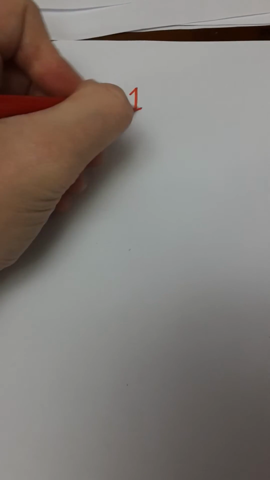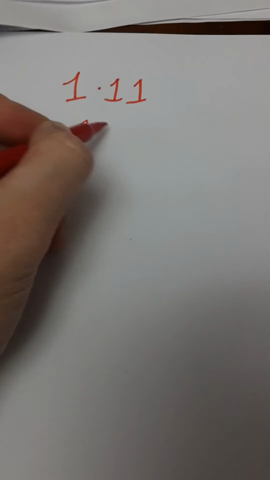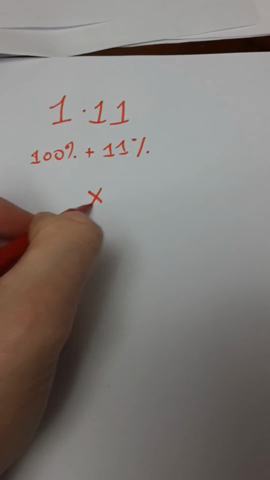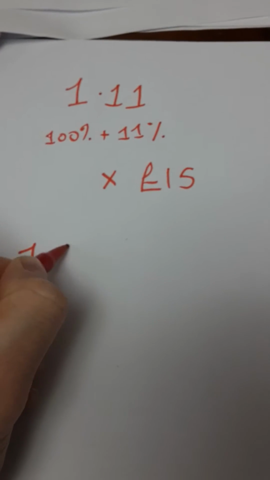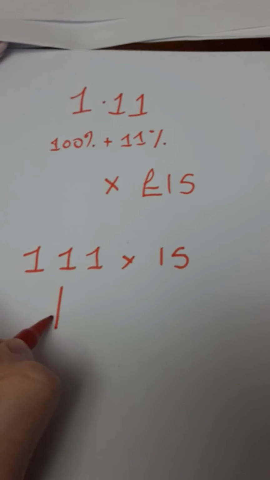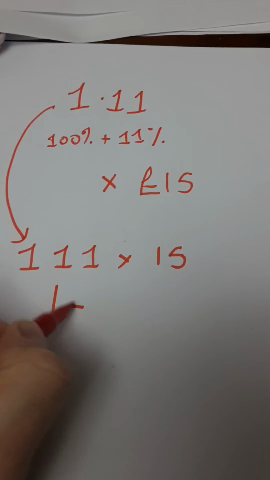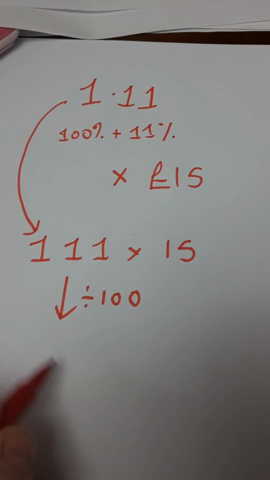The same question again, using the slightly more complex method, is 1.11, which is a whole one, your 100% plus your 11%, times by your £15. So we're going to do 111 times by 15, and then because we've changed this to 111, we must divide our answer by 100 at the end.